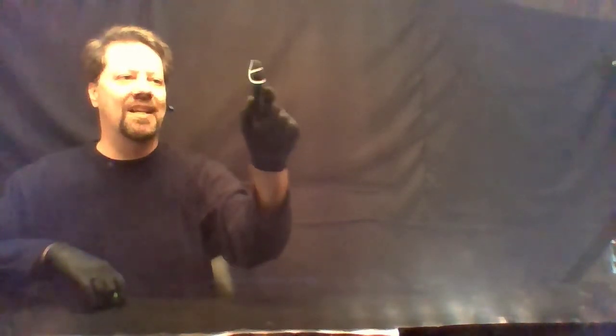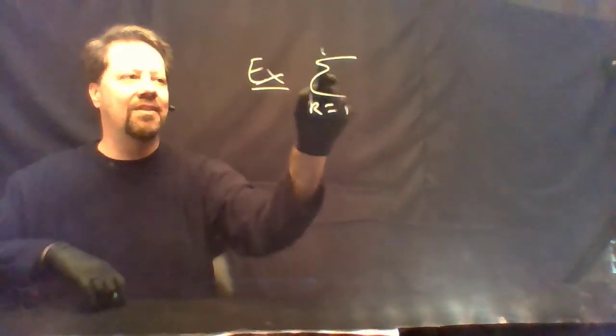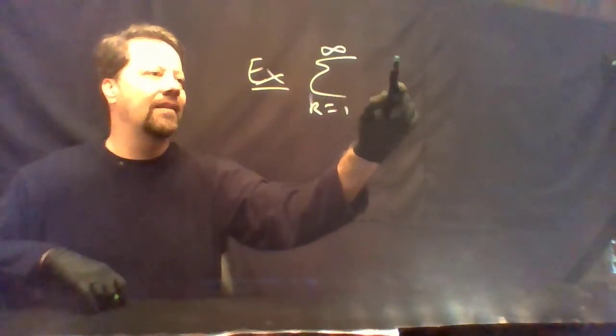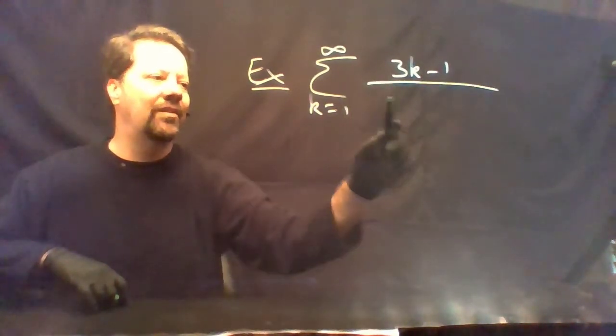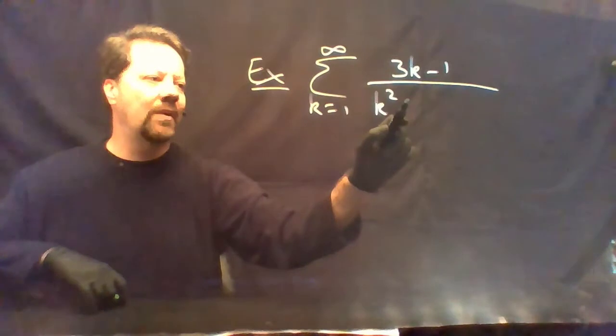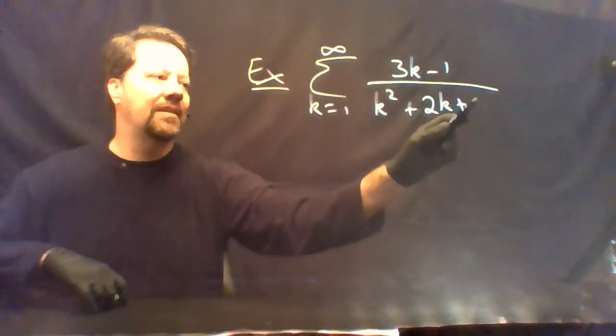Let's try one more example. Let's suppose we have the sum as k goes from 1 to infinity of (3k minus 1) over (k squared plus 2k plus 10).